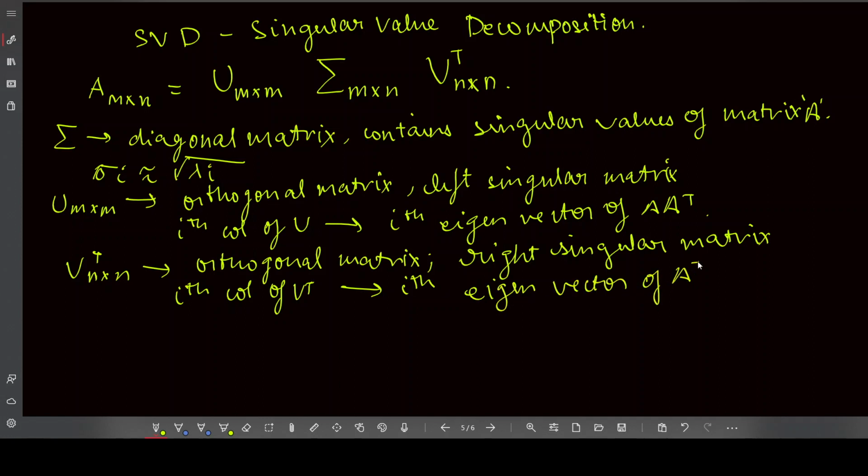of V is the ith eigenvector of A transpose A. Okay, this is similar to what we get as a final result of PCA. In a lot of ways, PCA is a very, very special case of the SVD. So if you want to understand what PCA is, just go to my PCA video. I've explained PCA using the variance maximization method.